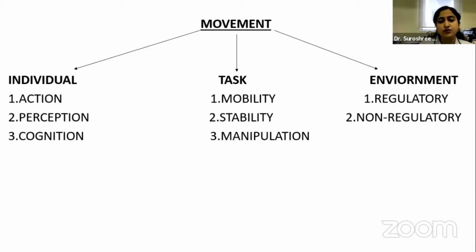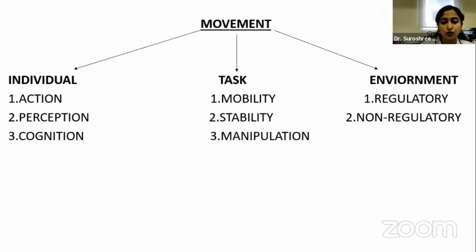Action deals with your range of motion, your muscle strength, your recruitment of fibers, your proper posture, everything comes under action. So if my range is altered, or if my strength is altered, I won't be able to do a particular movement in a normal way. That is how the action system plays an important role.